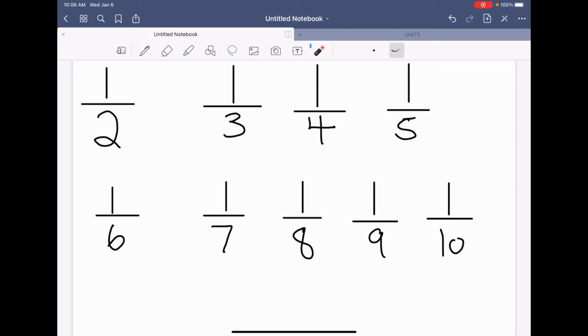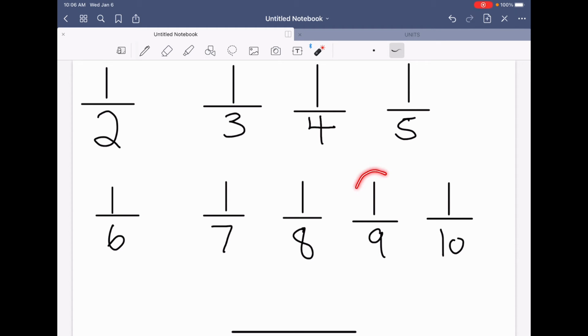Let's try the next one. 1/7. Again, 1/8. Let's move on to this one. We see a 1 and a 9.